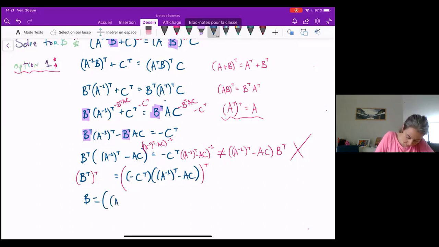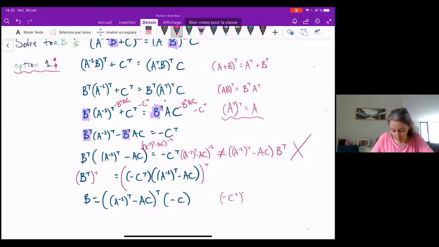So I'll get A inverse transpose minus AC transpose times negative C. Because we have negative C transpose, that's just going to give us our negative C. Now this is our final answer.